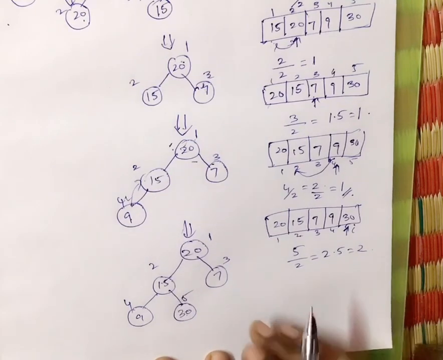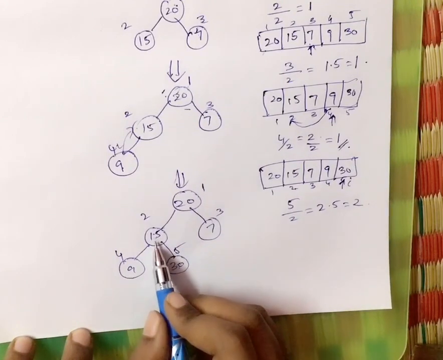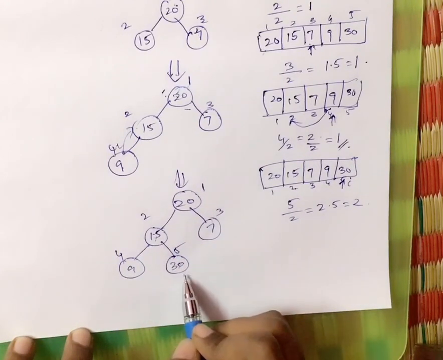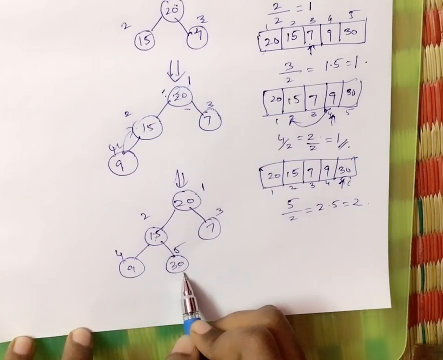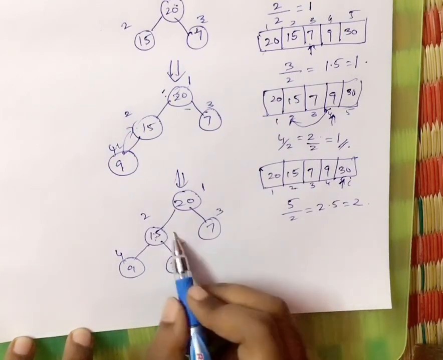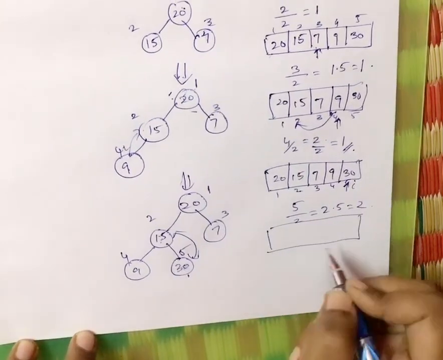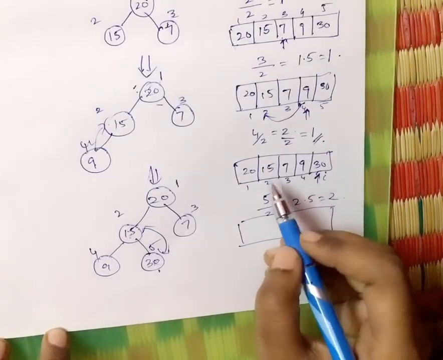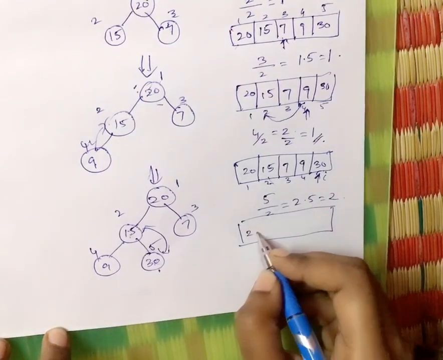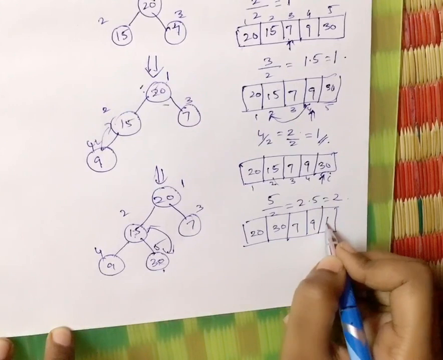Here there is a change in the order because the parent value is smaller and the child value is greater. Always the child element must be smaller than its parent, so I am going to swap these two values. Same thing, I am going to swap this 2 and 15. So 20, 30, 7, 9 and 15.